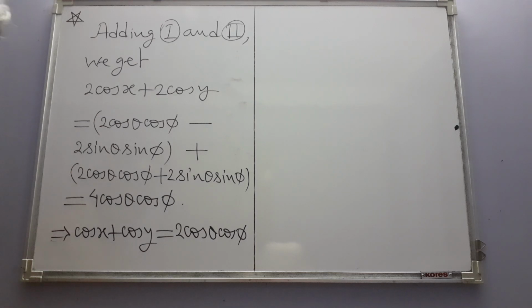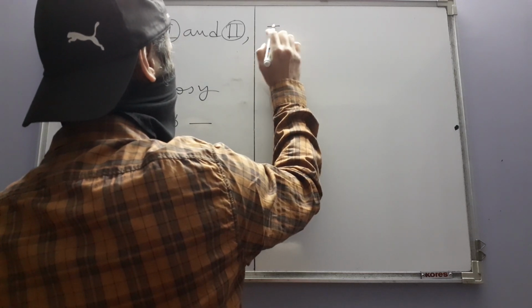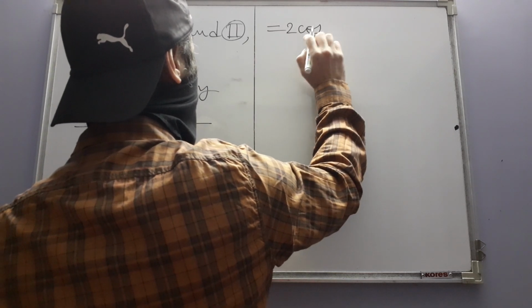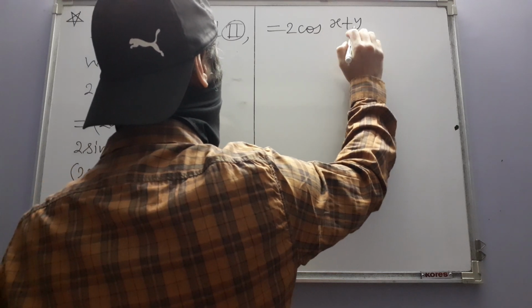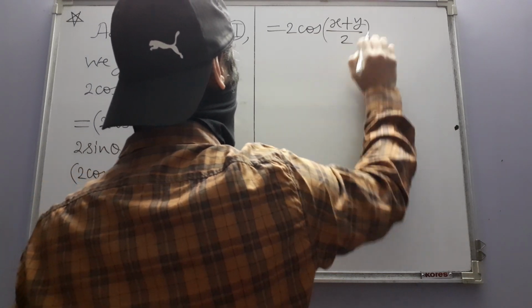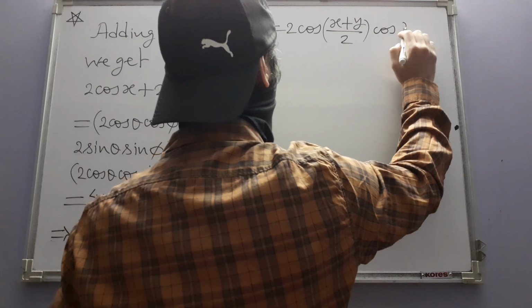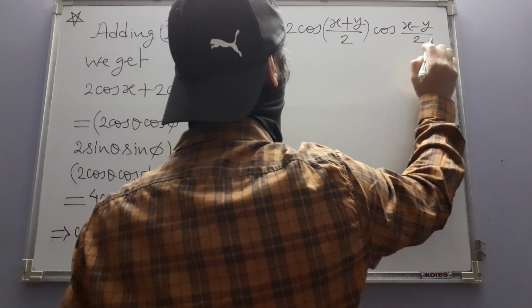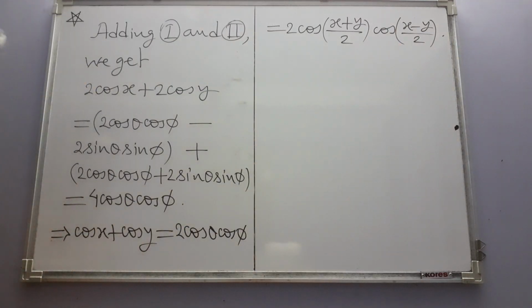So if we continue, theta is x plus y over 2 and phi is x minus y over 2. See how easy this is.